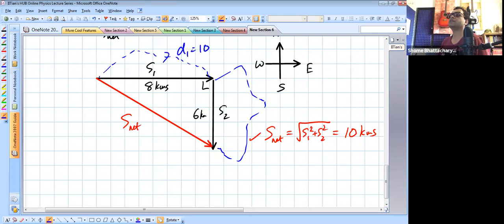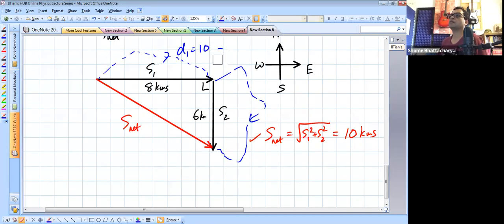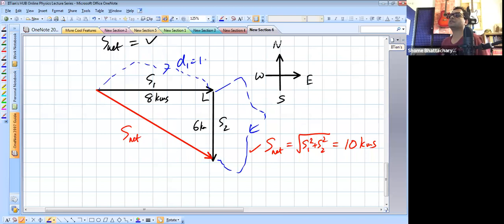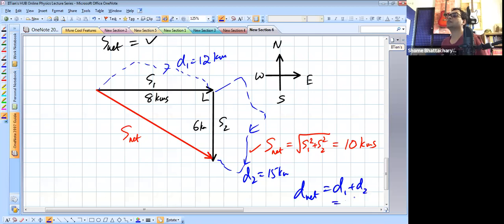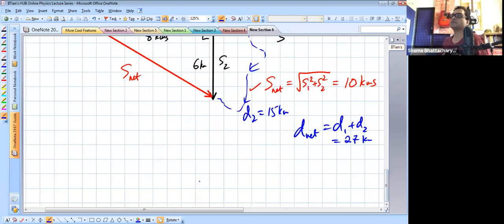If D1 was 12, I think, and the distance traveled in the second part was 15 kilometers, then the net distance will still be D1 plus D2. So it will be 27 kilometers. So there's no change in that. But because I have additional information about the direction of the displacement, I can say that the net displacement is going to be different.